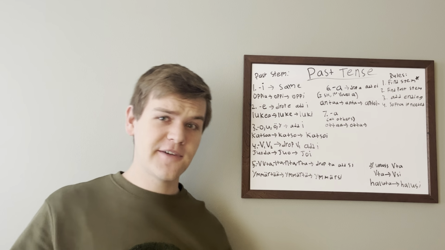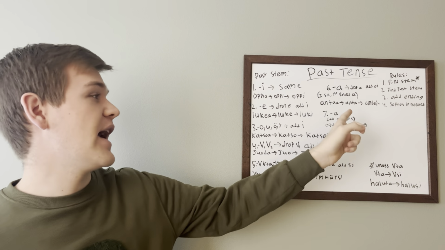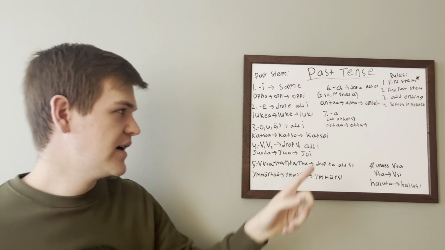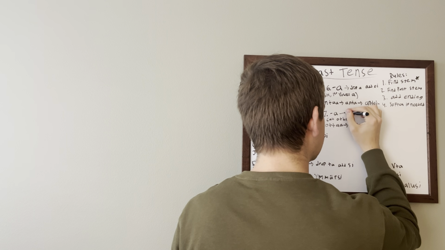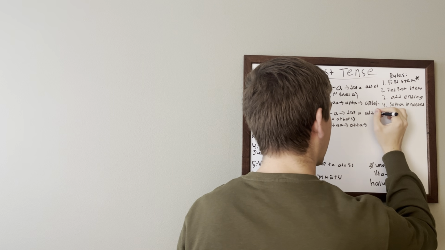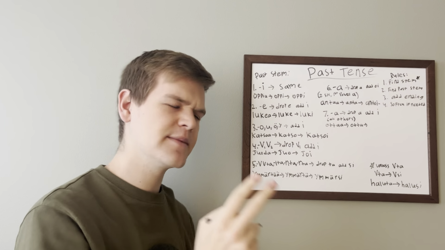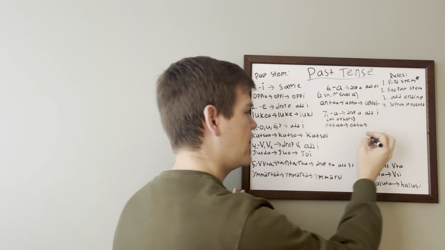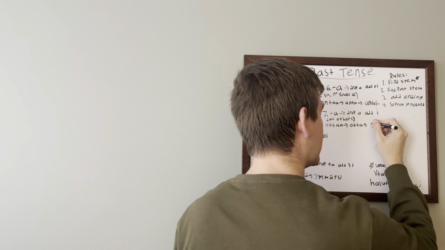Now if it doesn't follow this strangely specific rule, if it doesn't have the first vowel A and it doesn't have two syllables, it has to be both of those, or if not, then we're going to follow this other rule, which is very similar. We just drop A and add I. So like otta, we can see it is two syllables, but the first vowel is not A. Otta goes to otti.